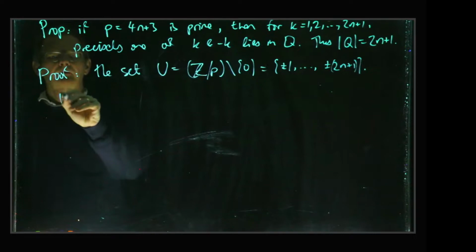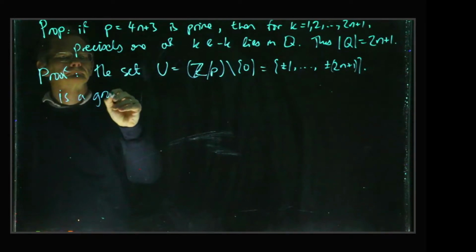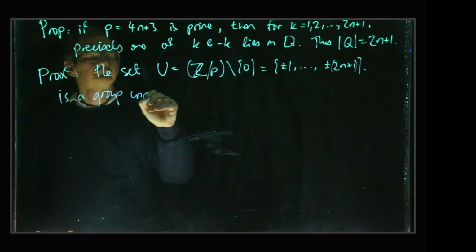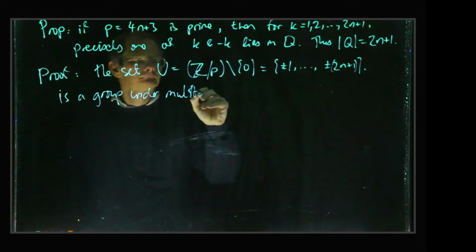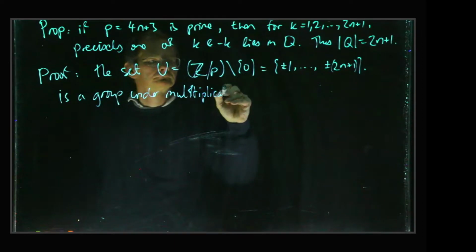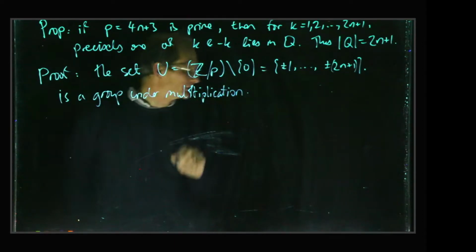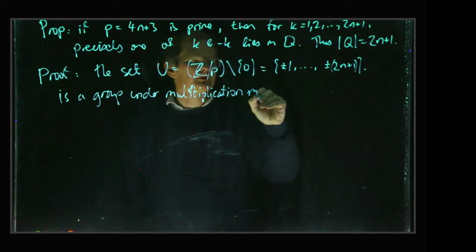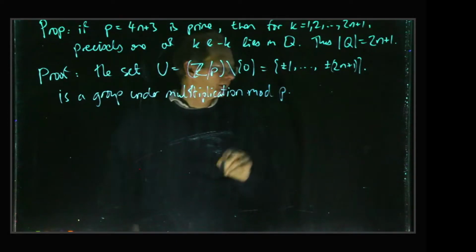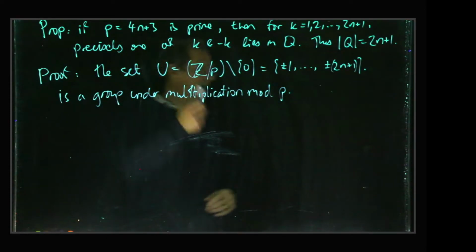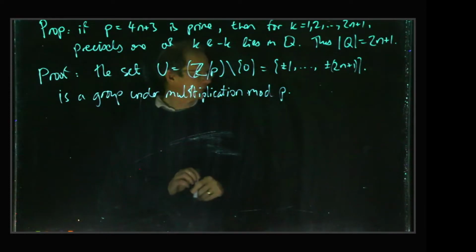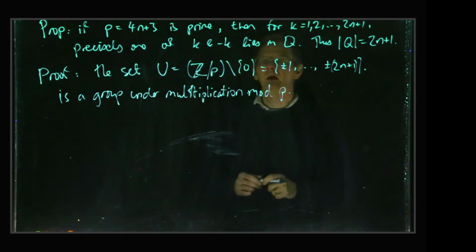This is a group under multiplication mod P. That's not 100% obvious that everything has an inverse, but that's true just because of the fact that P is prime. I'm going to assume that you remember that from the algebra course.